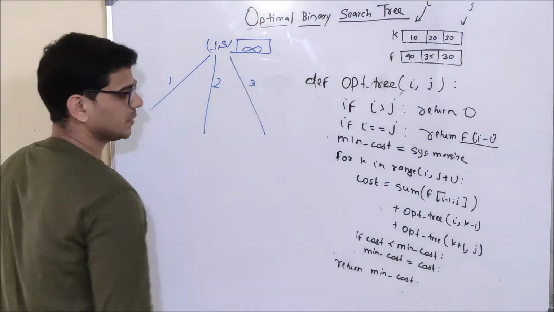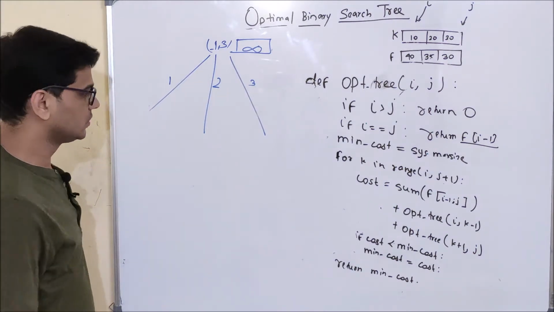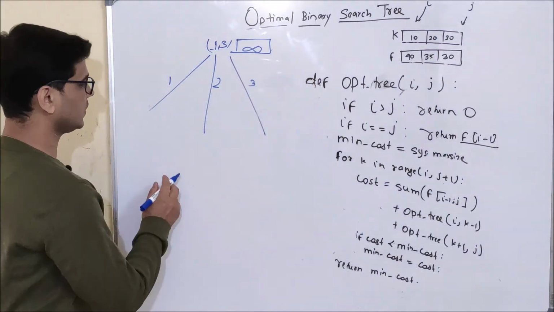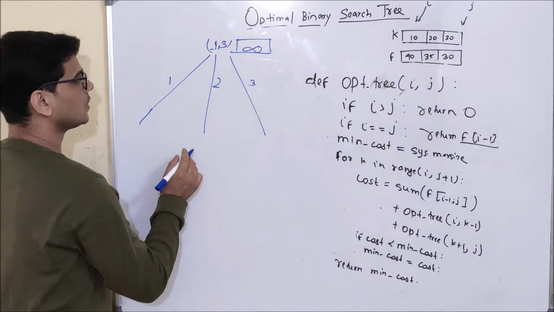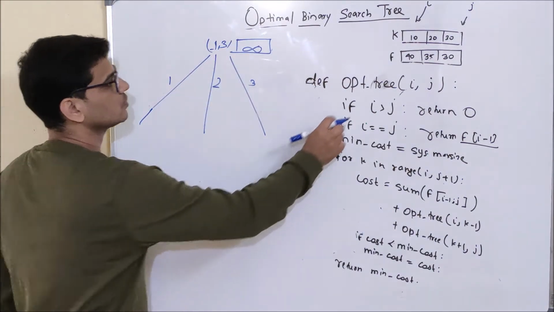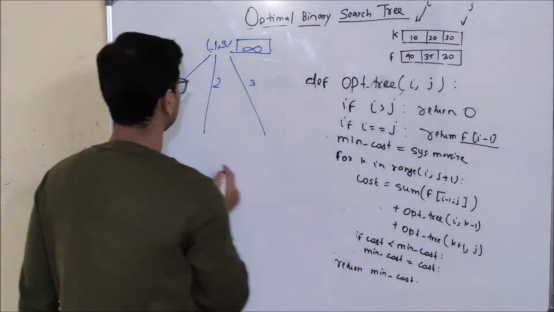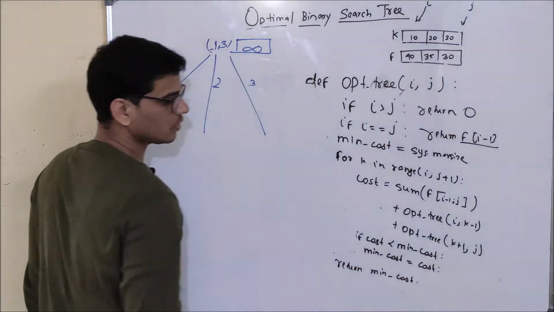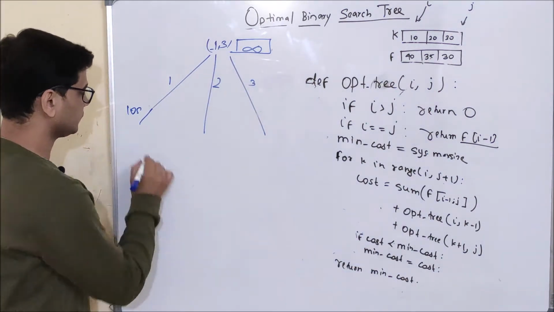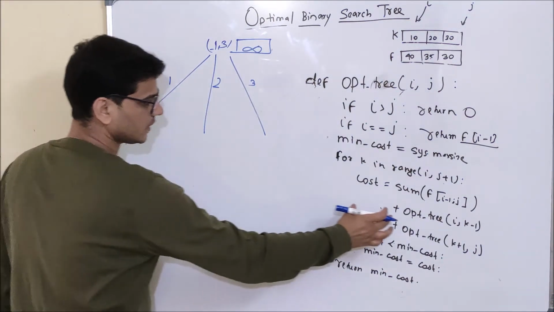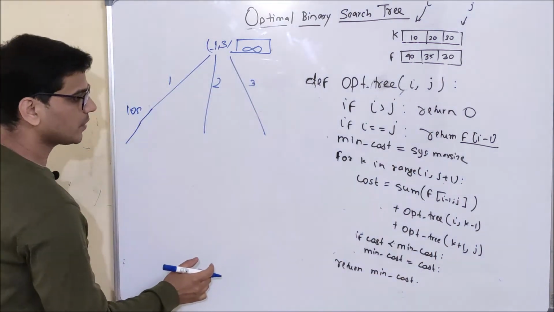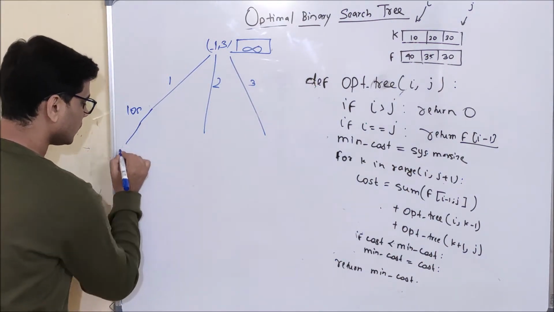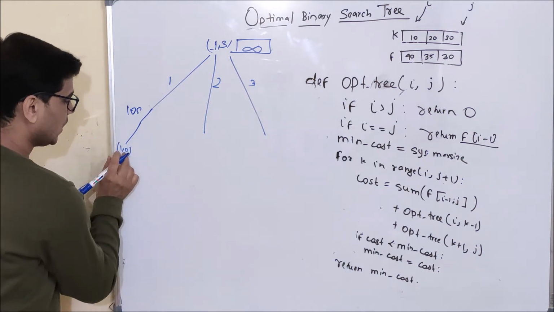So this cost will be calculated, and what is this cost? This cost is the sum of all the elements from i to j. i is 1, j is 3, so 105. Then the cost of the left subtree, that is, this function will be called optree(1, k minus 1), that is optree(1, 0).